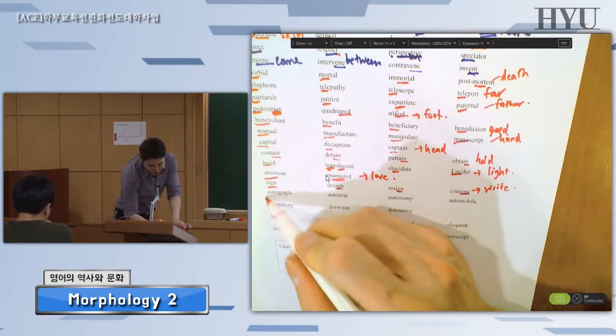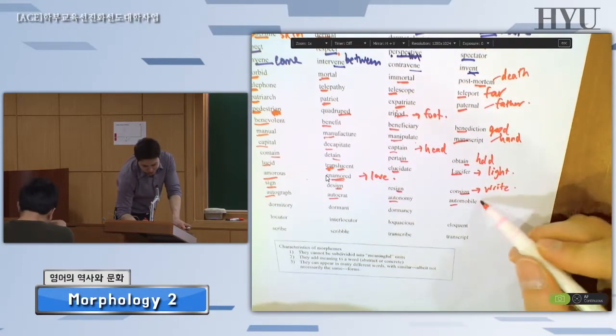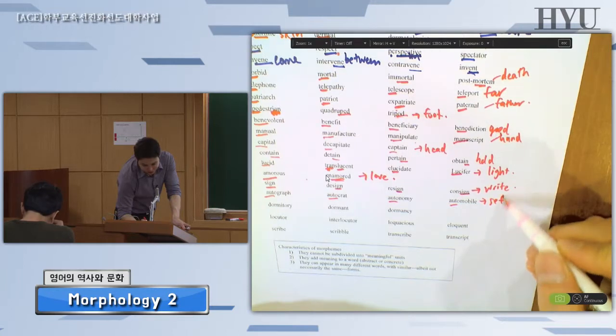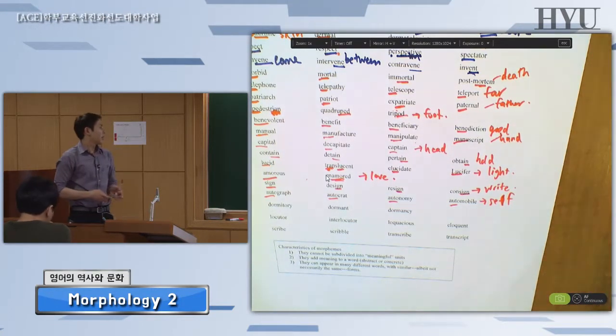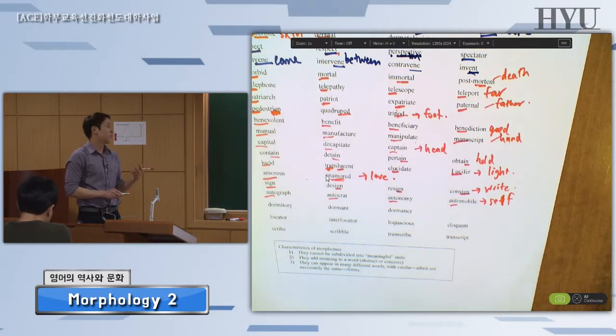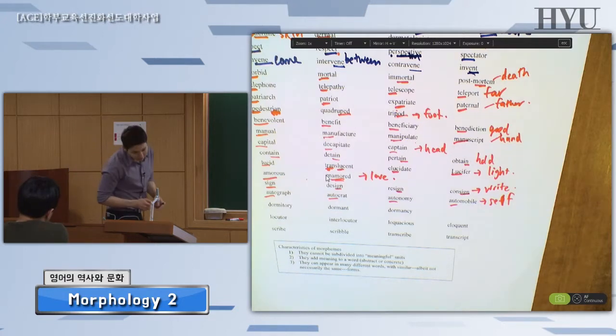We have auto, right? Auto is self, meaning yourself. So autograph, graph is to write about yourself. Autocrat, to govern yourself. Autonomy, same thing. Automobile, mobile is to move, so move by itself, automobile.